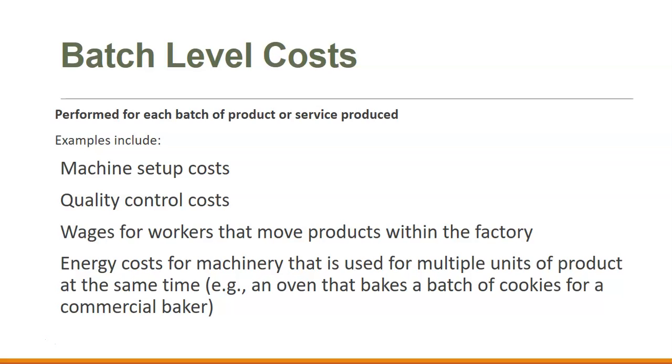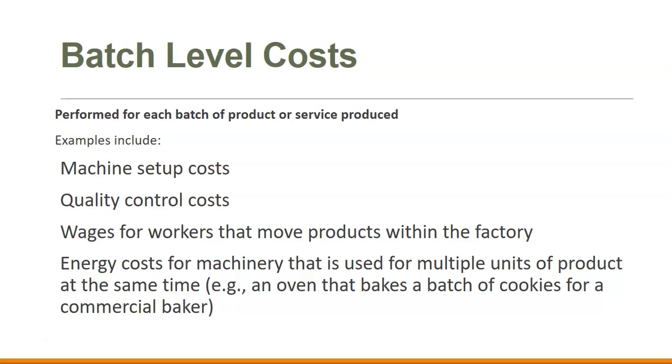We also can do quality control costs, wages for workers that might be moving products within our factory. So if we have an assembly line set up where somebody brings the direct materials or work in process to us, we work in a certain process in the assembly line, and then we transfer it out to the next group.